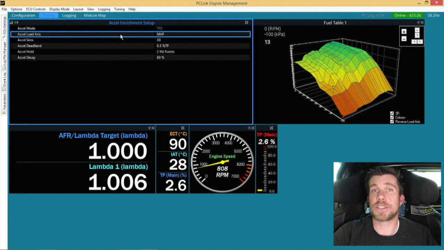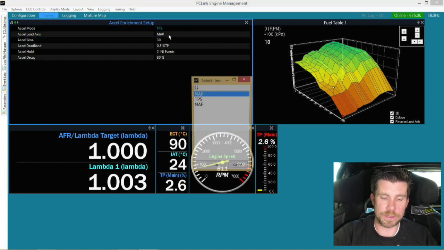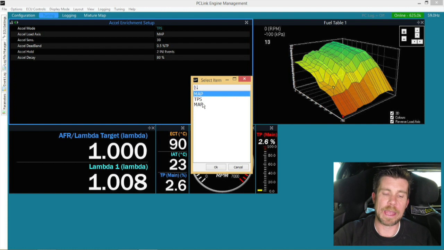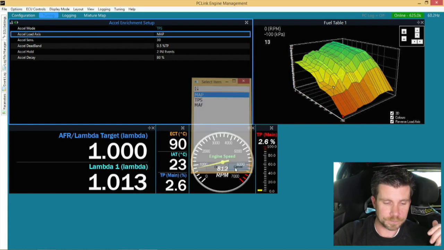For a turbocharged engine, or for most naturally aspirated engines that have a large range of vacuum, so something with stock cams for instance, manifold pressure would normally be the input that I would use for that load axis. However, you can choose throttle position, and if you're using a MAF sensor as your load input, you can also choose that.